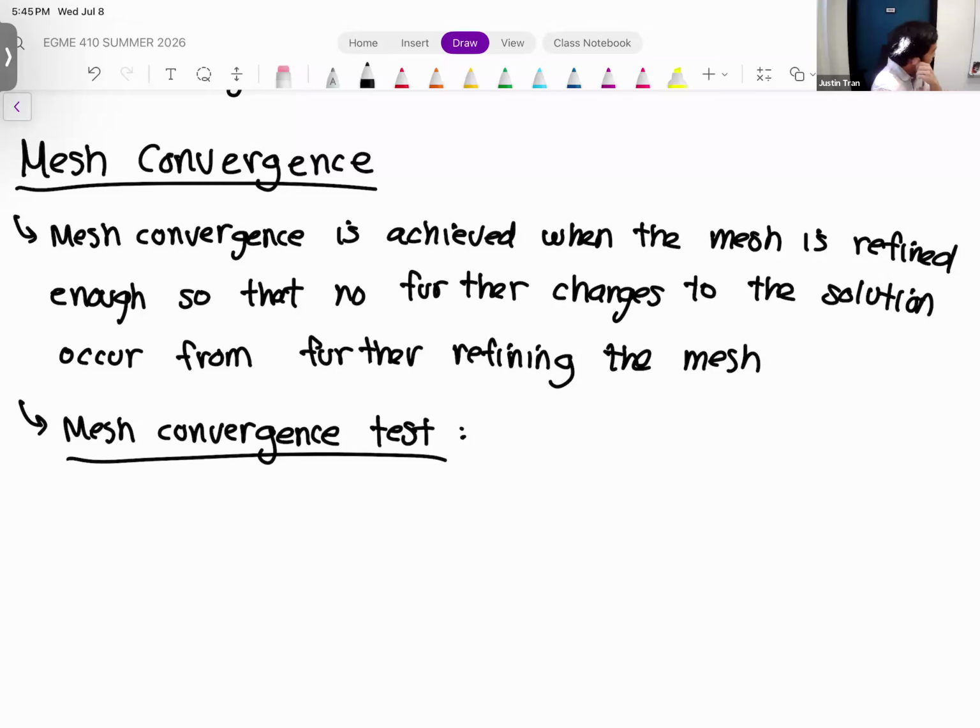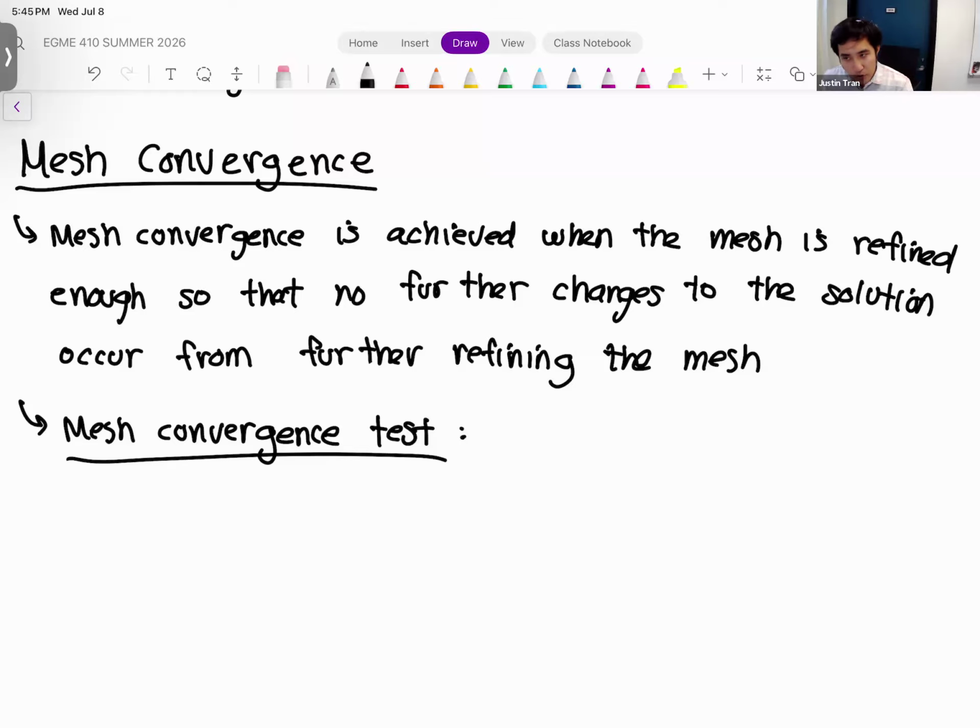Most of the time, this is a requirement to include in any technical report where you report computational results. I'm not requiring a mesh convergence test for the midterm project, but for the final project, I am going to require it.